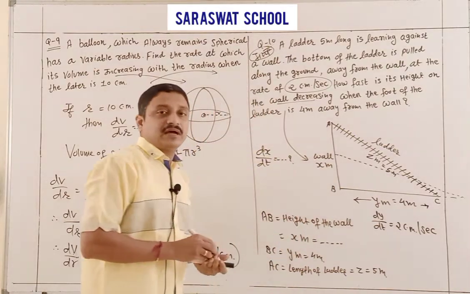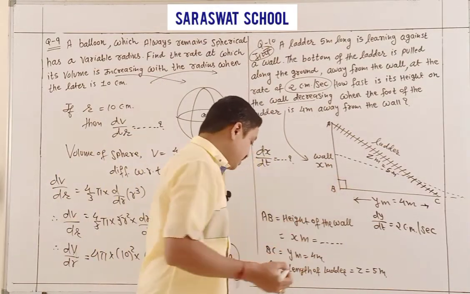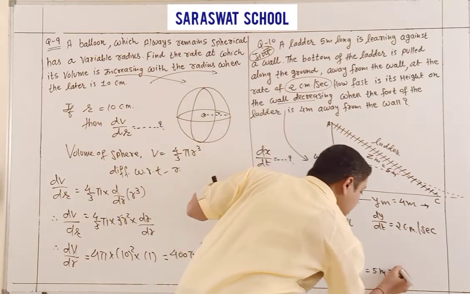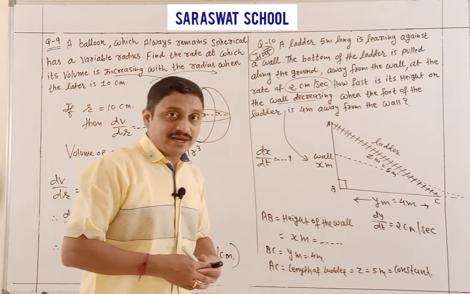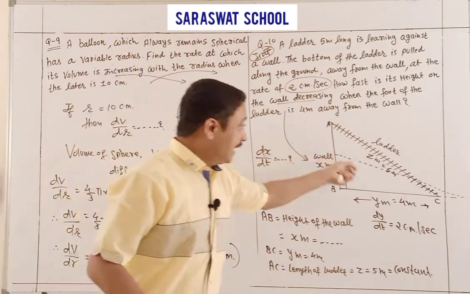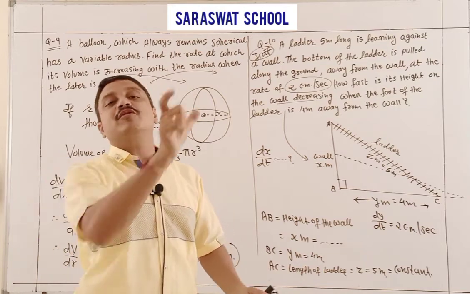First of all, I find out this X. After that, I utilize my derivative. But here the length of the ladder, 5 meter, is constant. Are you clear why constant? Ladder length is the same after slightly moving away from the wall.